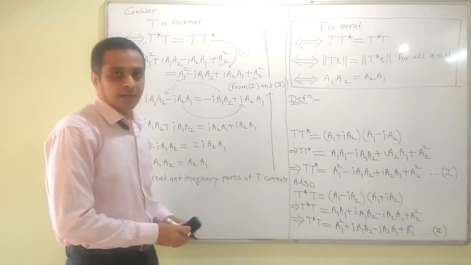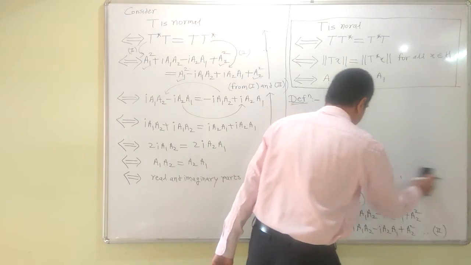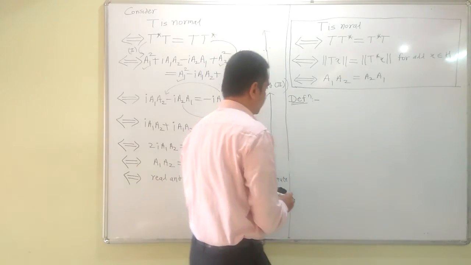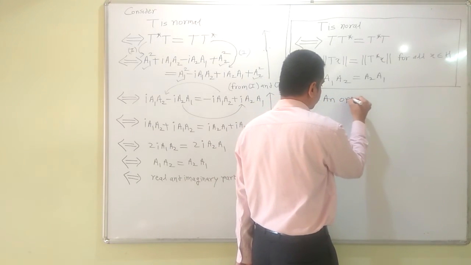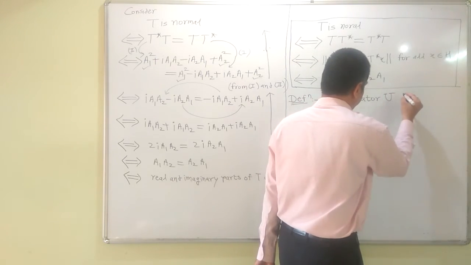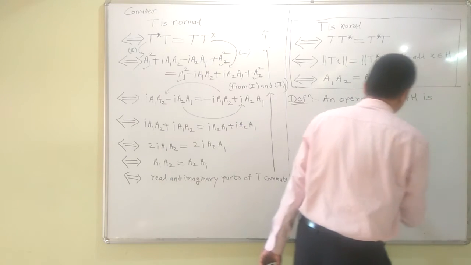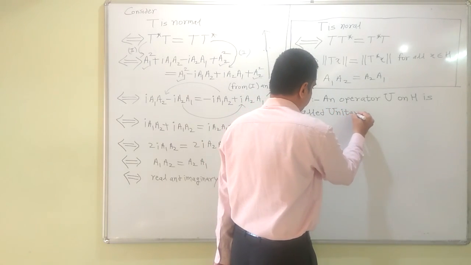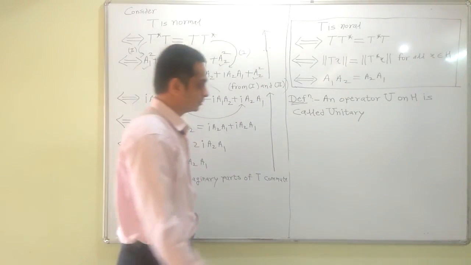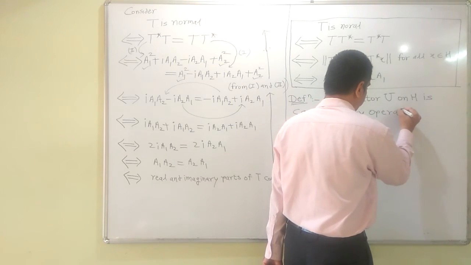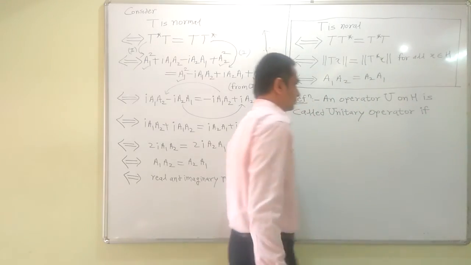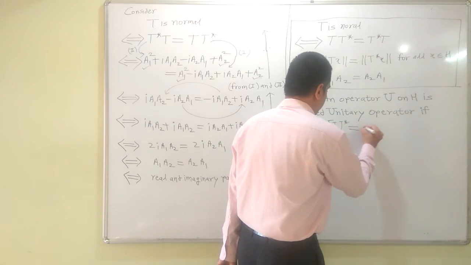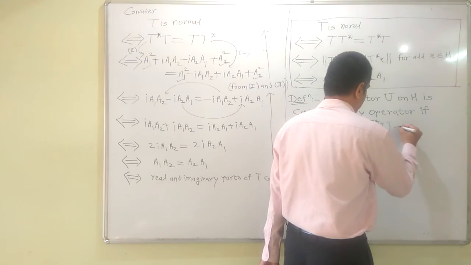Definition: an operator U on H is called a unitary operator if U U star equals U star U equals I.